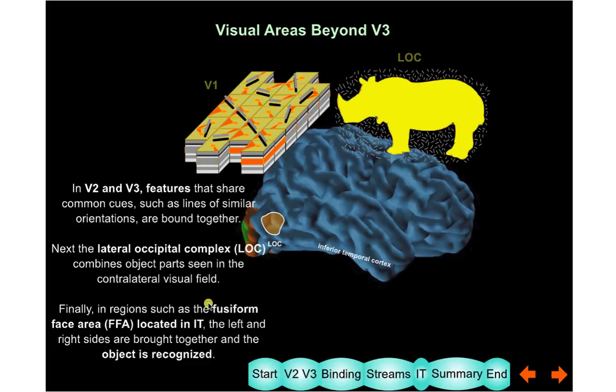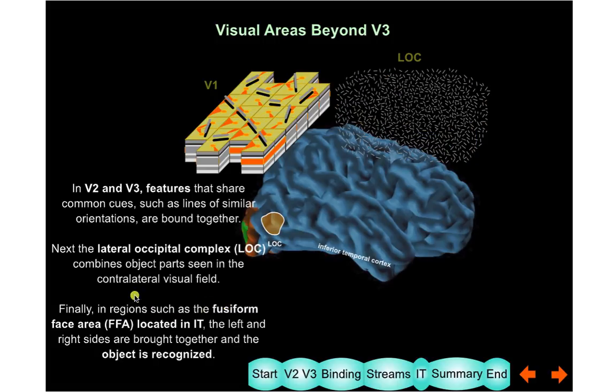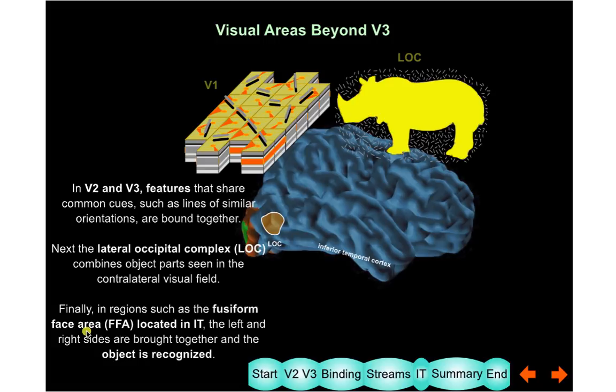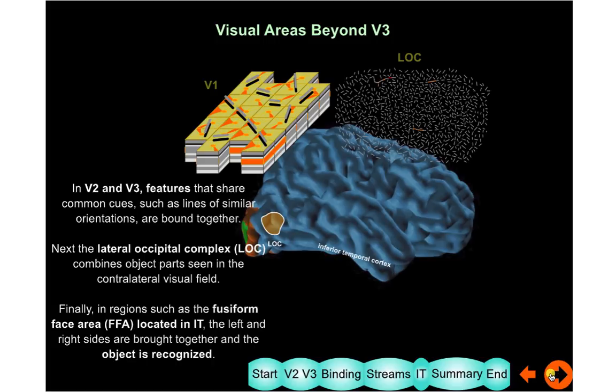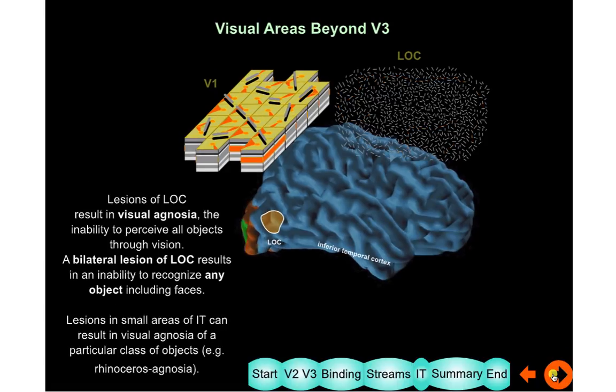And finally, we get to the inferior temporal cortex, where the object is recognized. And for example, in an area called the fusiform face area, faces are recognized. So the left and right side of the face is put together, and you recognize who the person is.